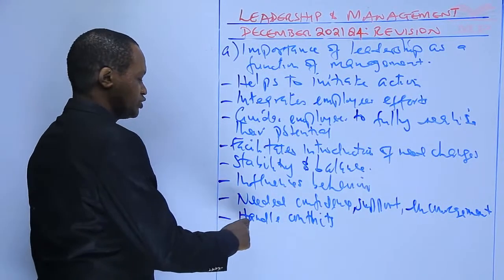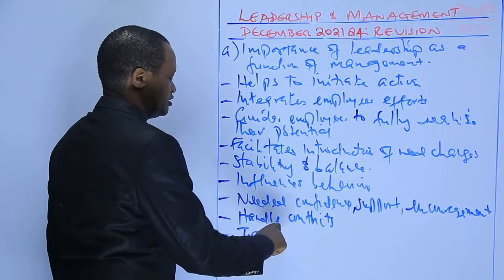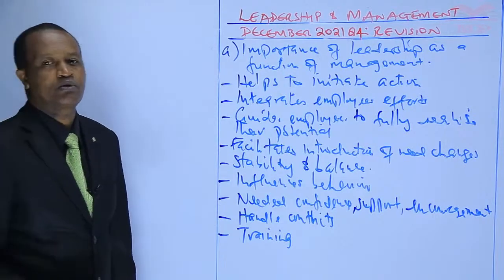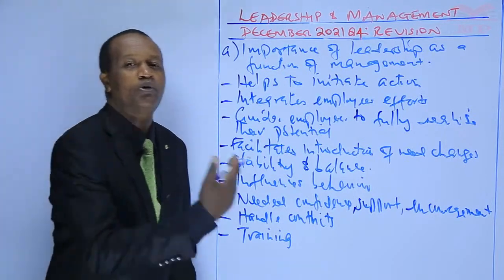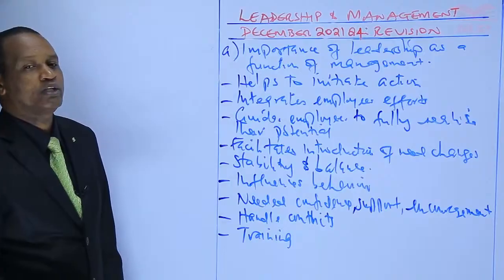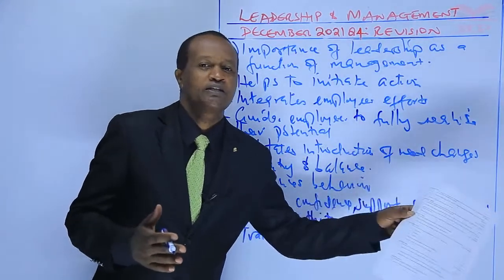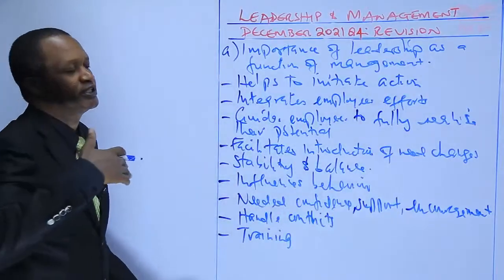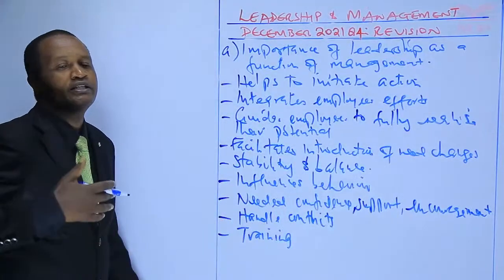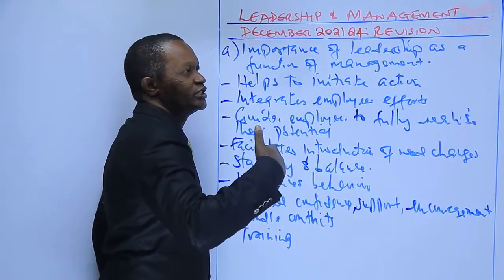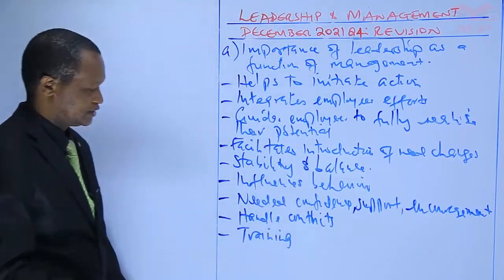A leader may also provide training to the subordinates. A good leader will always build up, for example, his successor and helps in what we call the smooth succession process.